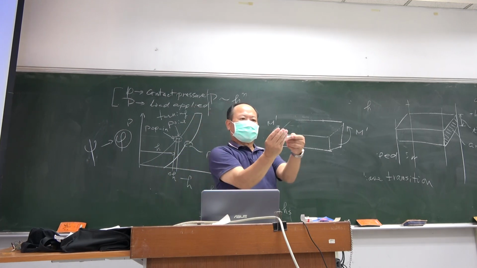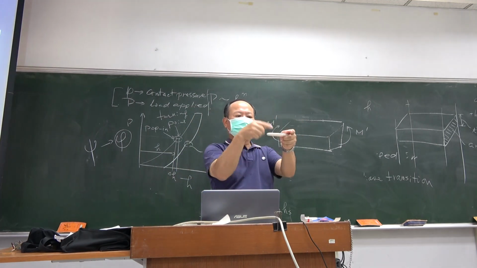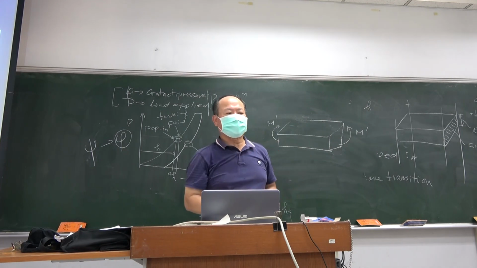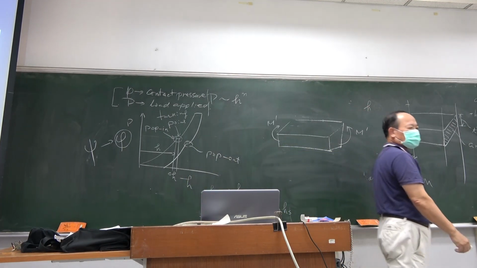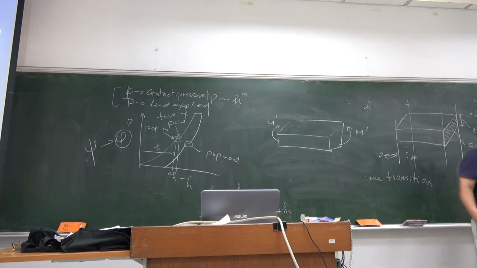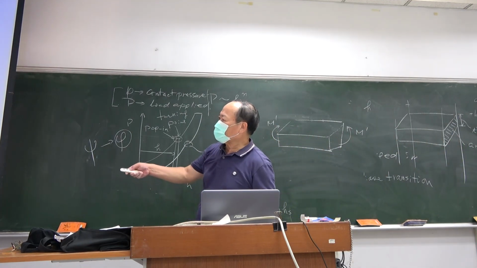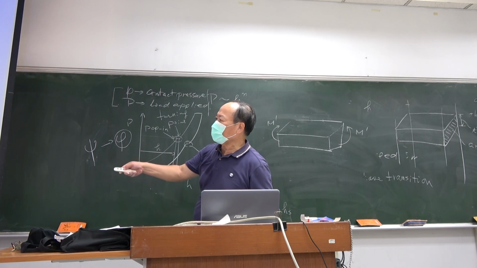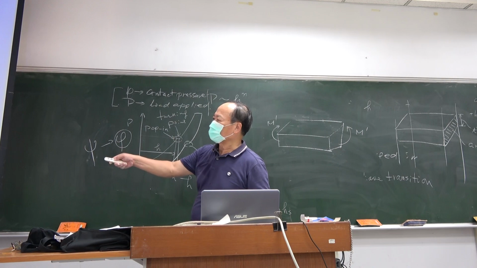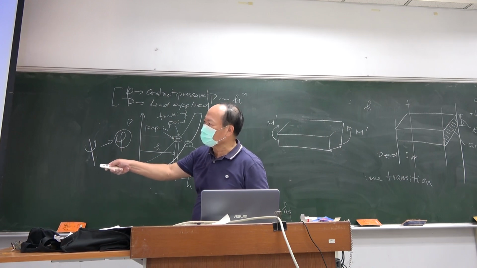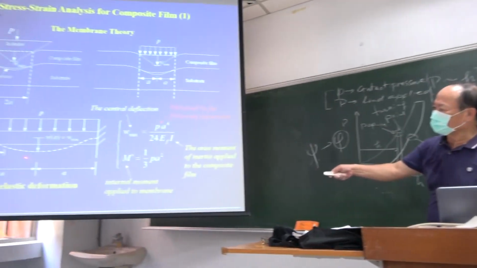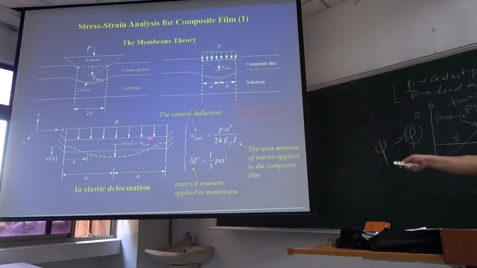Like this one, apply the bending moment, then we have the deflection downward. So it is equivalent: apply the bending moment at the two ends of this simple support beam without the p, and then we can create the same maximum deflection at the central line this way.